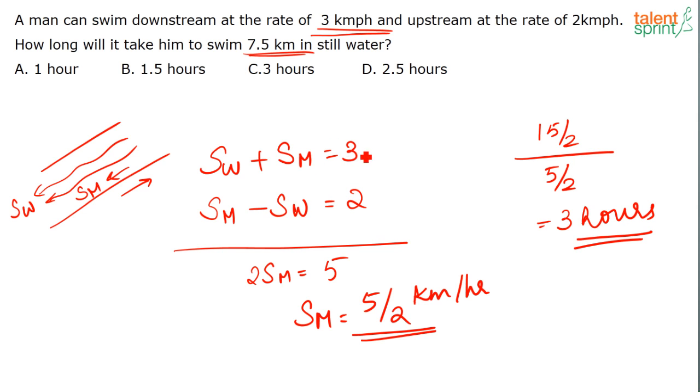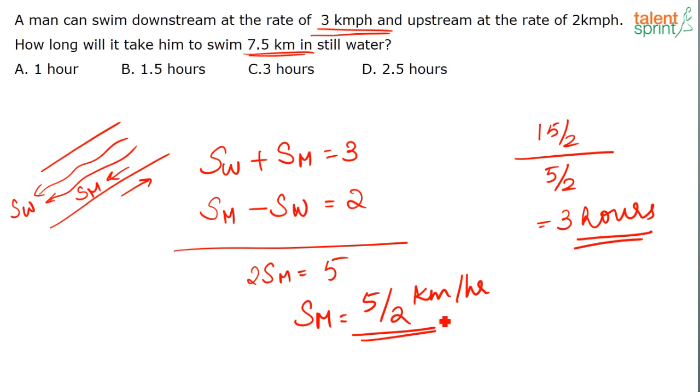Now when he is going upstream, he is able to cover 2 kilometers per hour. So the speed of the man minus the speed of the water current is equal to 2. In the beginning I accidentally wrote SW minus SM. It's not that way. It is SM minus SW because the speed of the man is definitely more than the speed of the water current. So when I am solving these two equations, I get that SM is equal to 5 by 2 kilometers per hour.